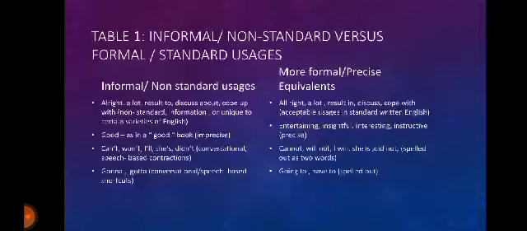Can't, won't, I'm, just, didn't: conversational speech-based contractions. Gonna, gotta: conversational speech-based shortcuts. More formal or precise equivalents: all right, many, result in, discuss, cope with, acceptable usage in standard written English.